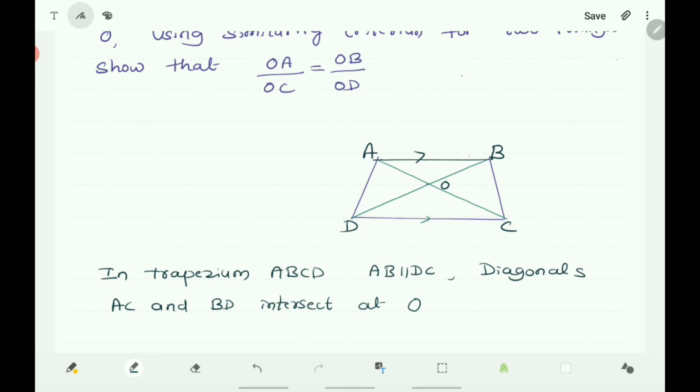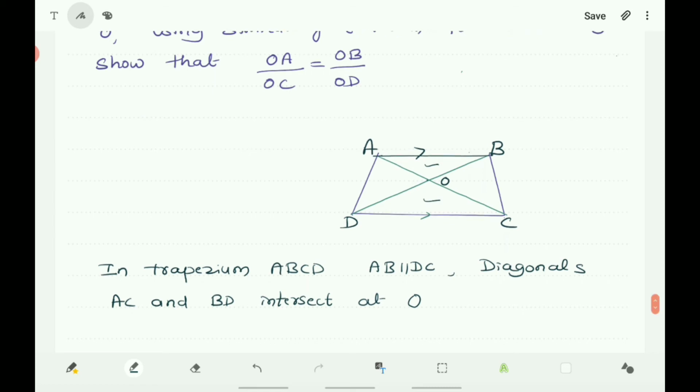Here very simple, you take these two triangles, triangle AOB and triangle COD, and prove that they are similar. After that you will get that the ratios of the corresponding sides are equal.